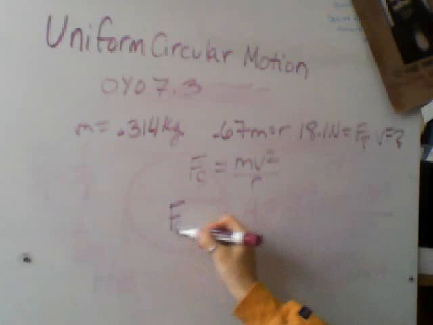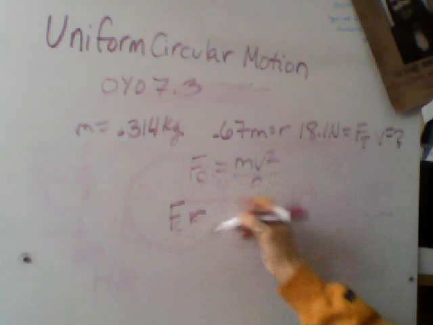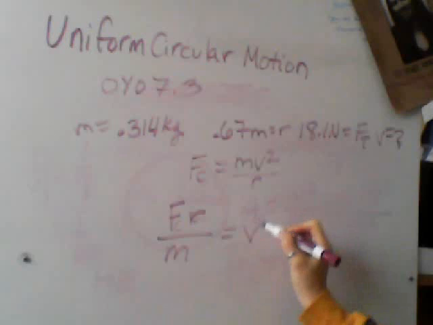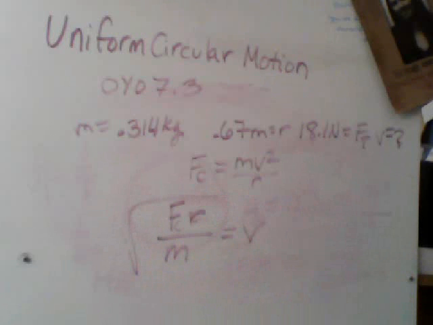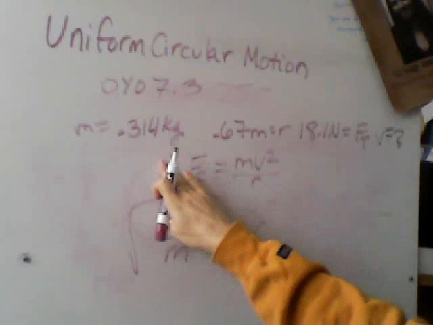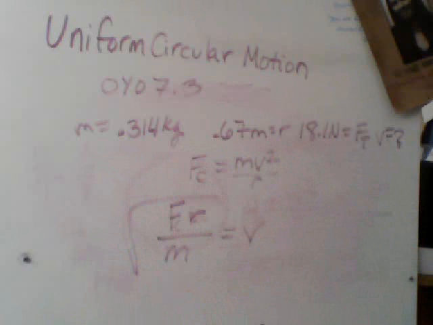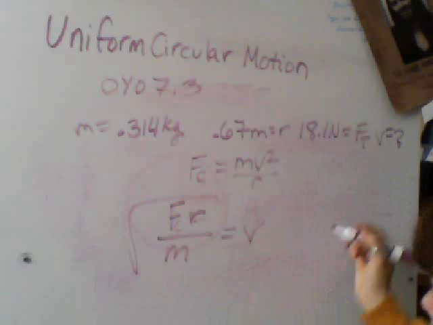So we can say the centripetal force times the radius divided by the mass is going to equal the velocity squared. So we're going to have to take the square root of that. So hopefully you were following as I rearrange that. I multiply by the r, leaving me with that, divide by the mass, giving me velocity squared, taking the square root of each.